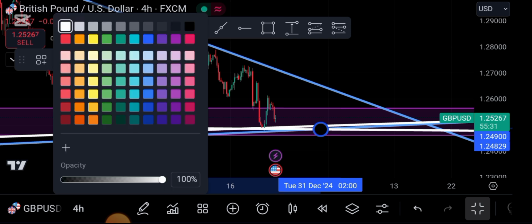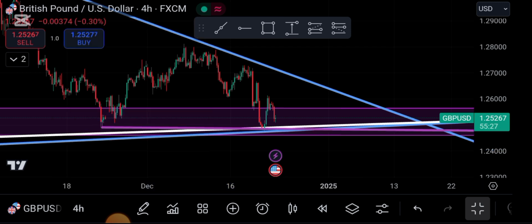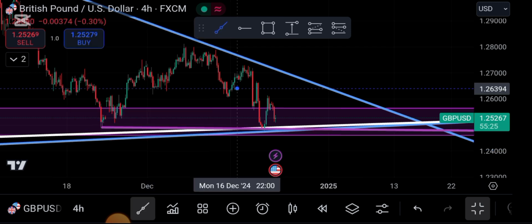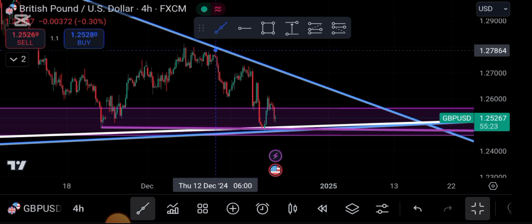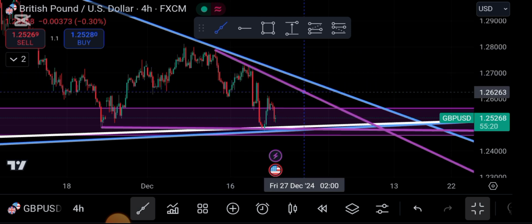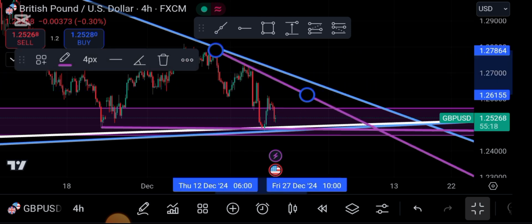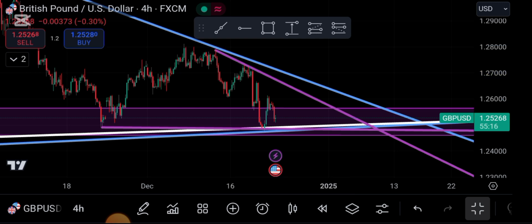We're going to change this color to a purple. And we can also put this touch point here to this touch point just to show that it's going in that direction. Now we're going to go to our 1 hour chart.